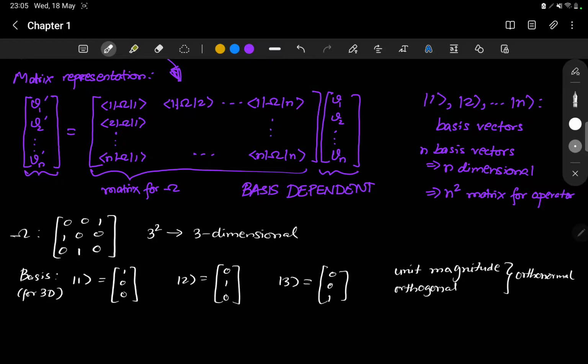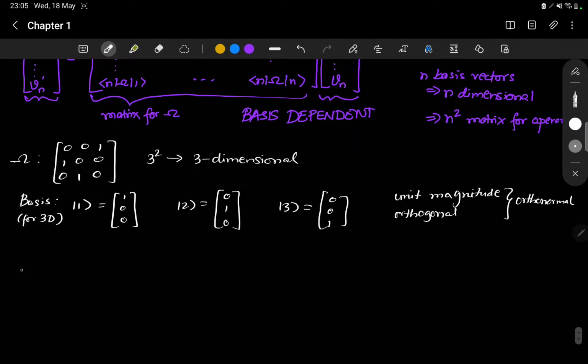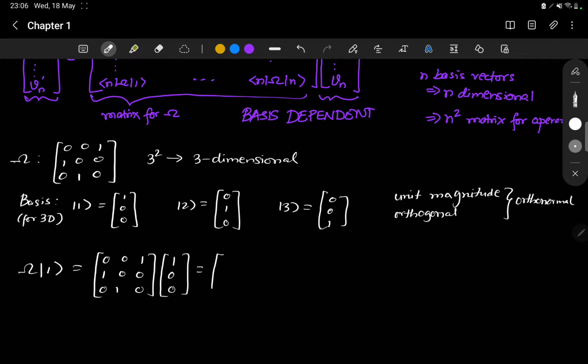Now in order to find out the action of omega, we need to find out how this omega acts on each of the basis vectors. So let us now find that. Omega acting on the first basis vector is as follows. This is nothing but the second basis vector.